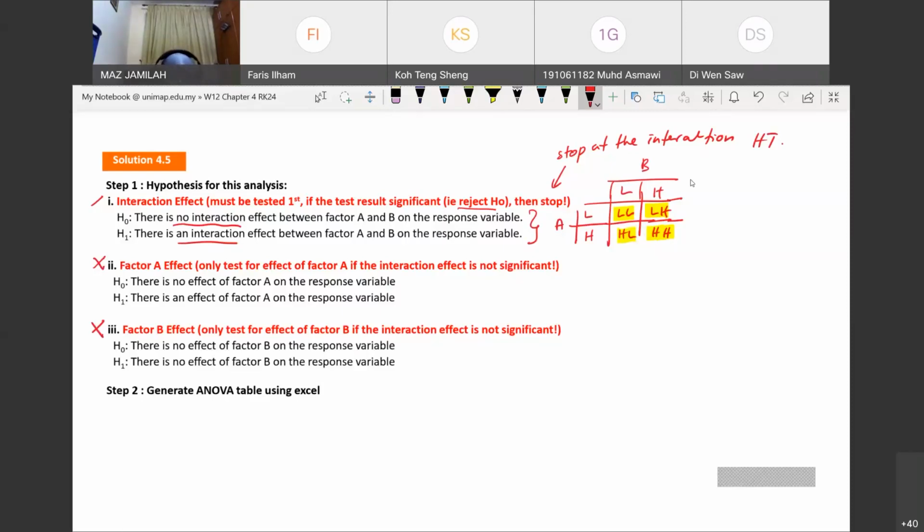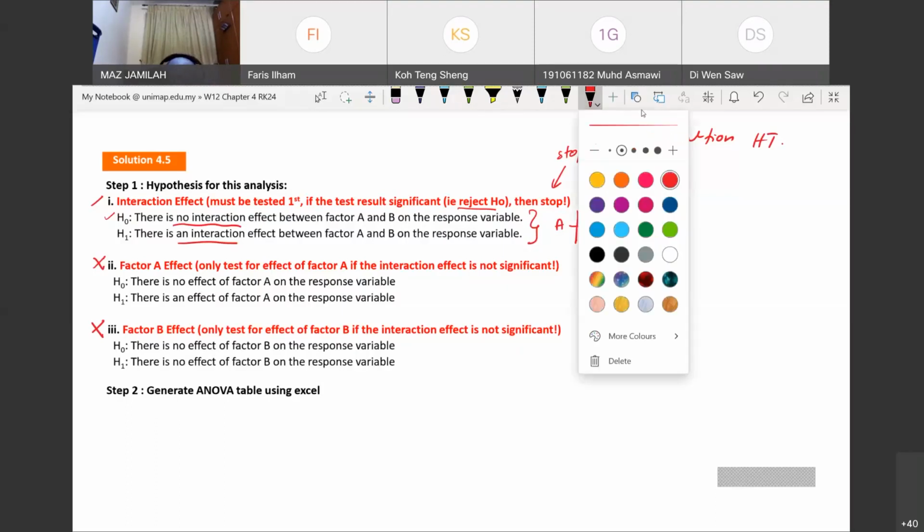If it appears that there is an interaction, then you don't have to test for the factor A effect. Now, if your result for the interaction hypothesis testing is not significant, meaning we fail to reject the null hypothesis, then only do we proceed with factor A and factor B hypothesis testing.